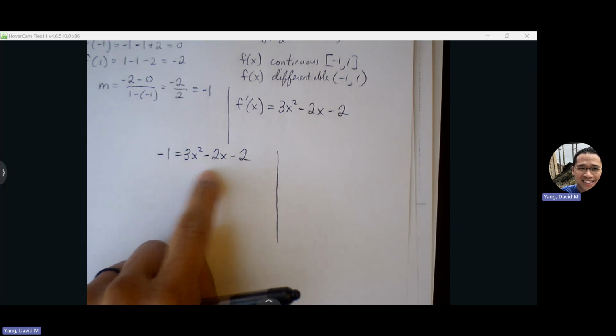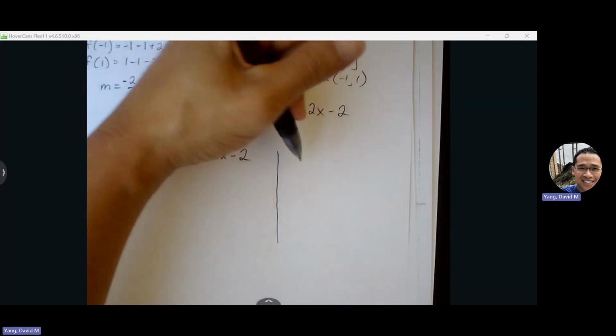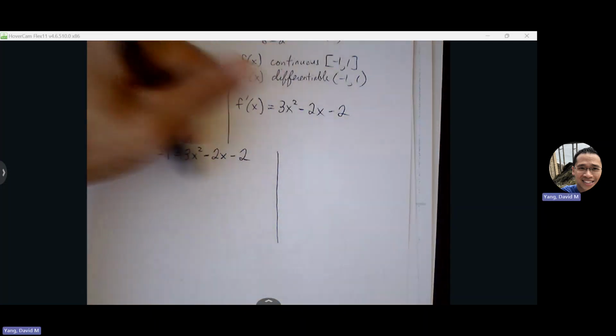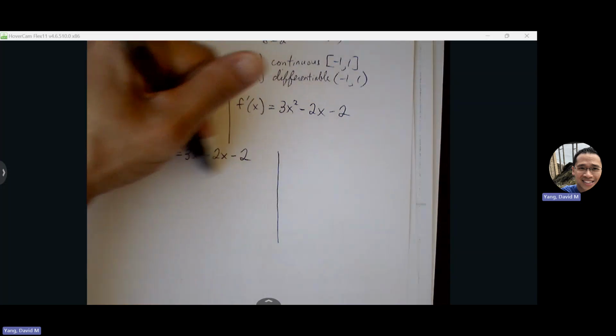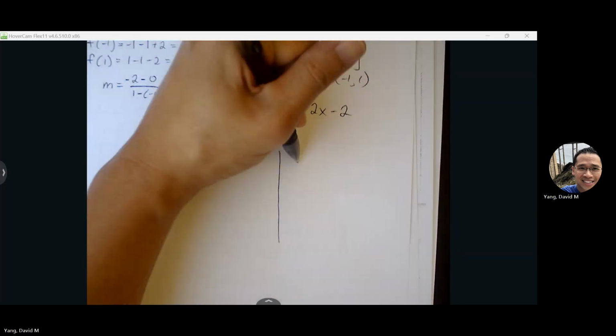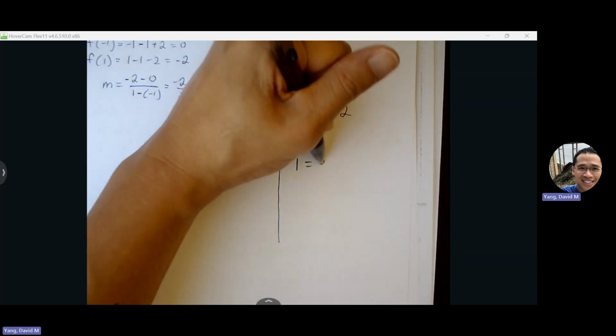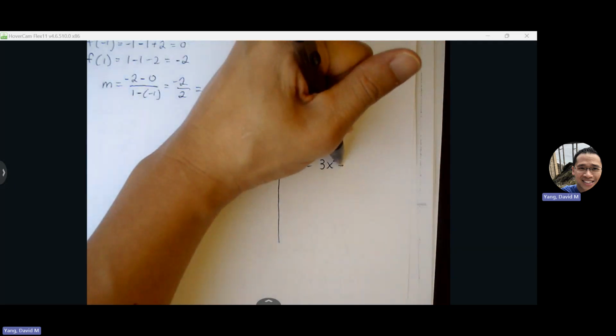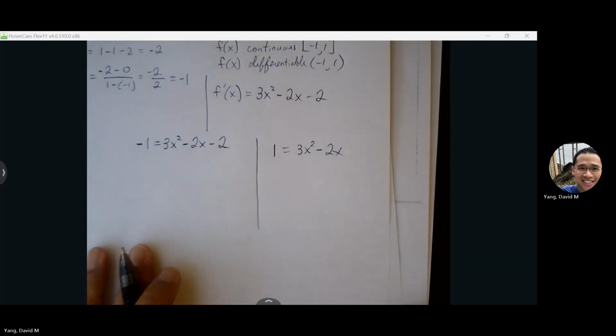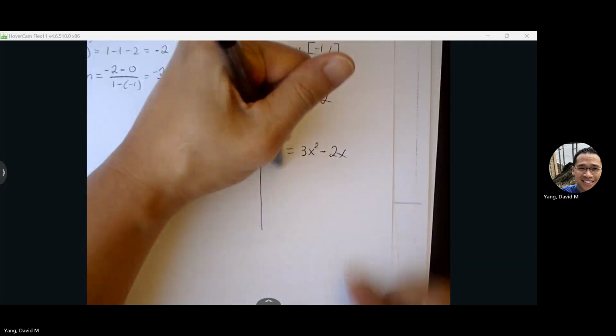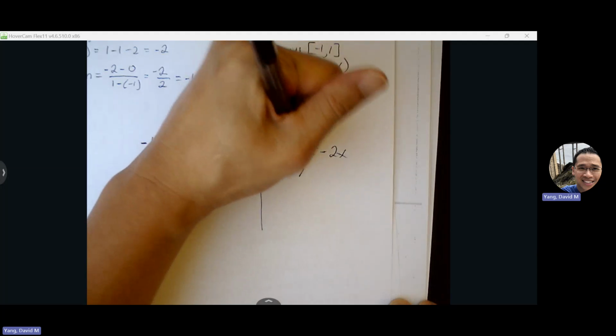I saw some students do this where they started getting the x's together and the constants on the other side. So they added 2 to both sides. Get 1 is equal to 3x squared minus 2x. And I say, okay, this is relatively easy to factor. So I just factor an x out.